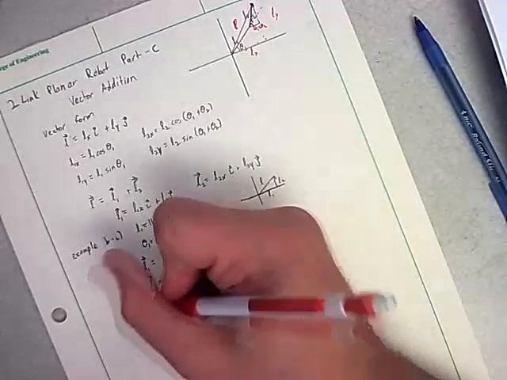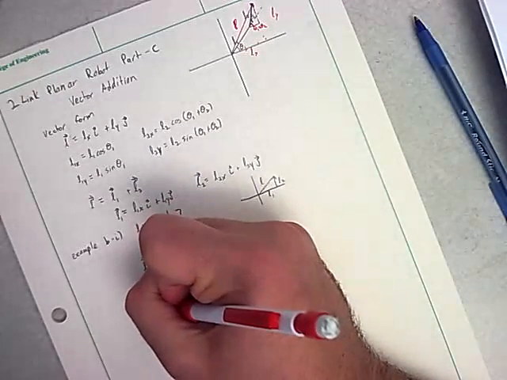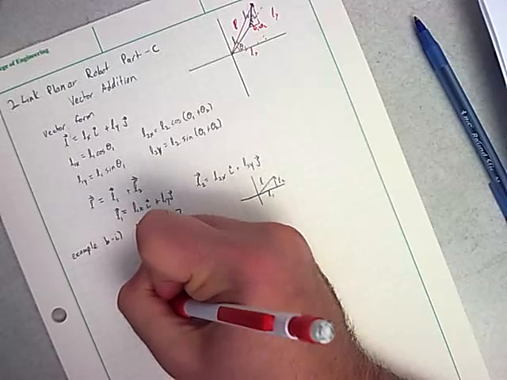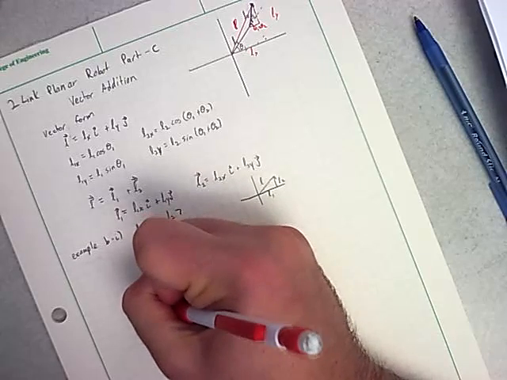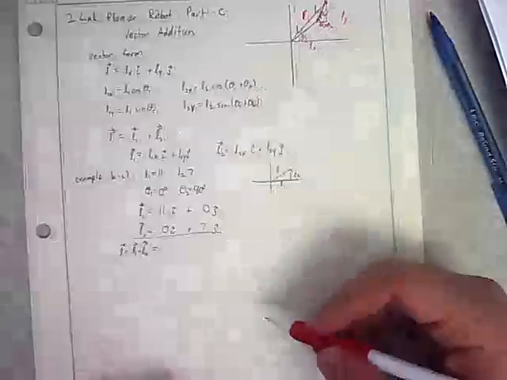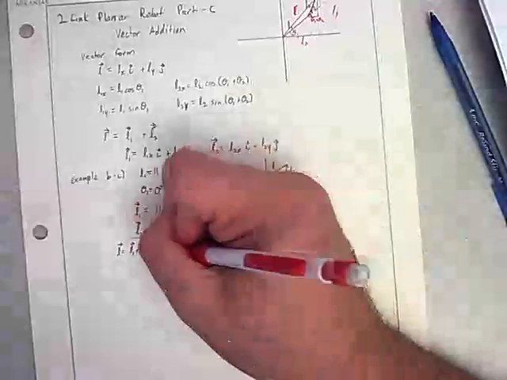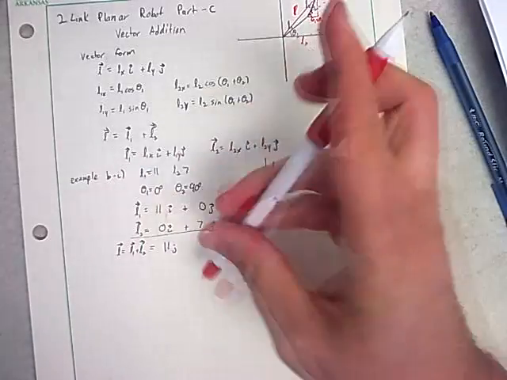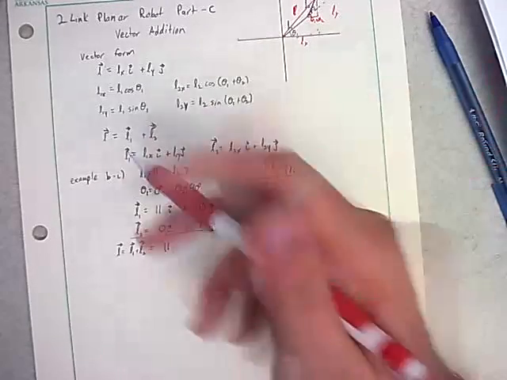So to add those, I just add terms down the same side. So I add my i terms together. 11 plus 0 is 11i. I keep wanting to write j early because I'm thinking ahead.